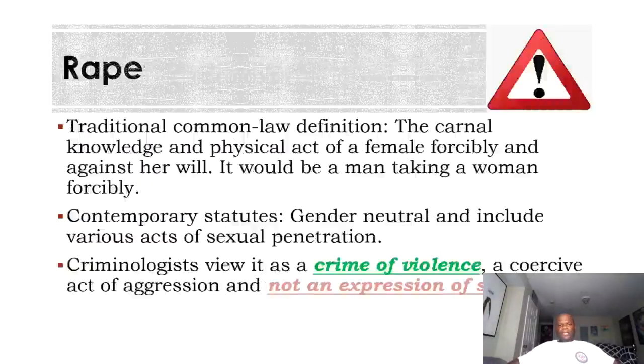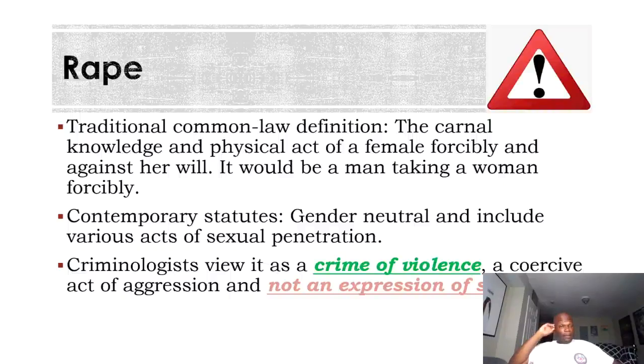So we're going to talk about rape, and rape is a very sensitive and difficult topic. I put in my lectures, and I do this in my in-person classes, what really highlights my in-person classes, the ability to talk about sensitive topics from a perspective of, while I am a man and I do not fully understand the gravity of what this means, especially for my women and young ladies, but I stand in solidarity with women.